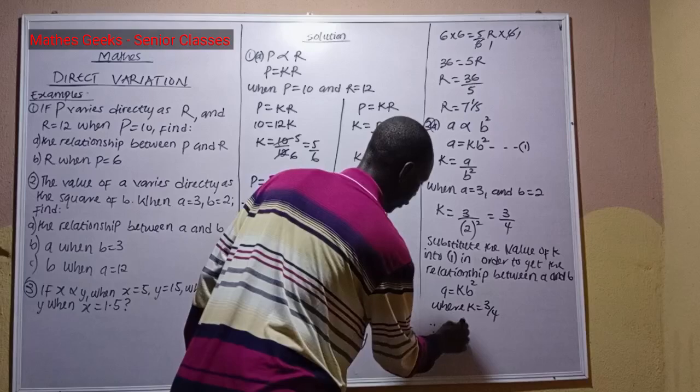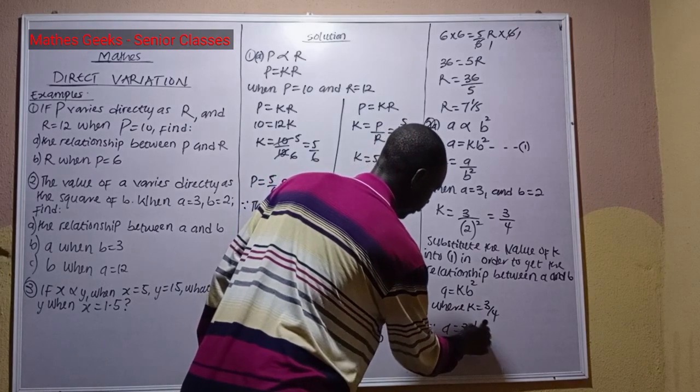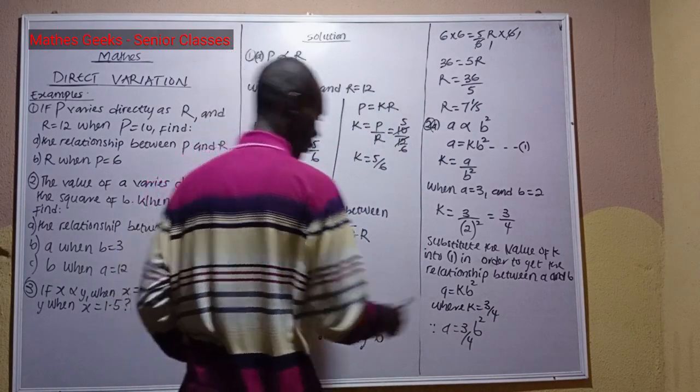So therefore A is equal to 3 over 4 B squared. So that's the formula connecting them.